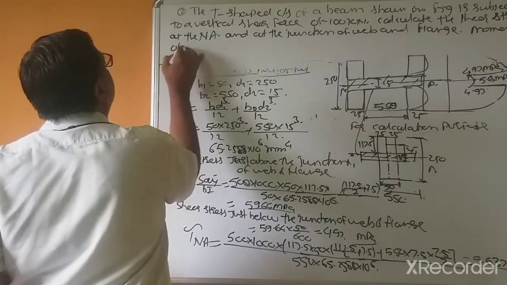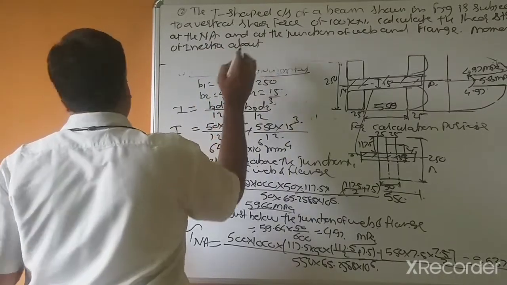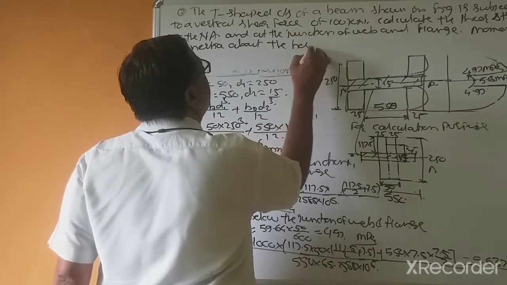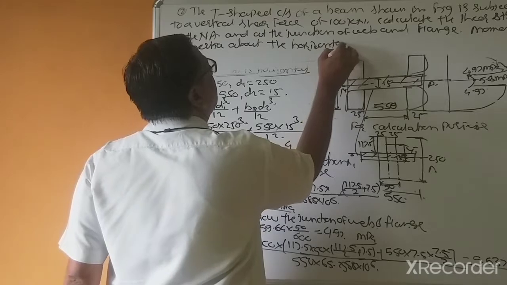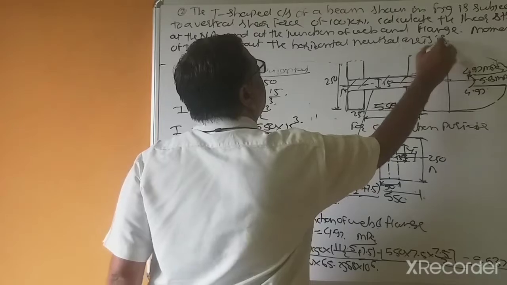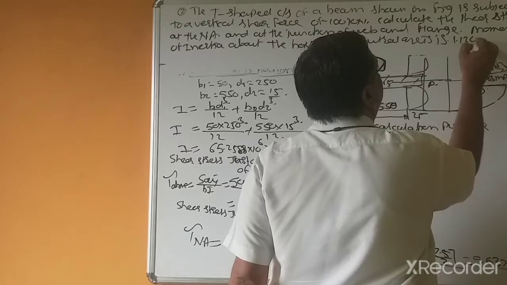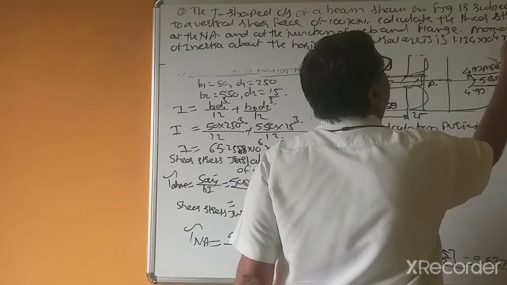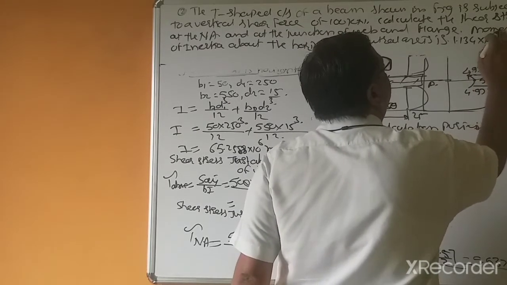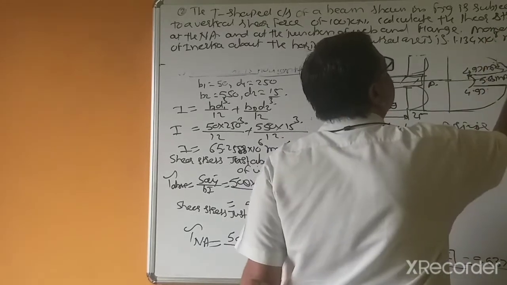Moment of inertia about the horizontal neutral axis is 1.134 × 10^8 mm^4.